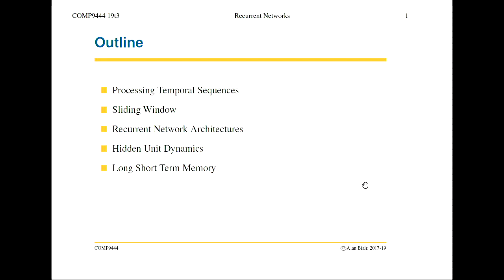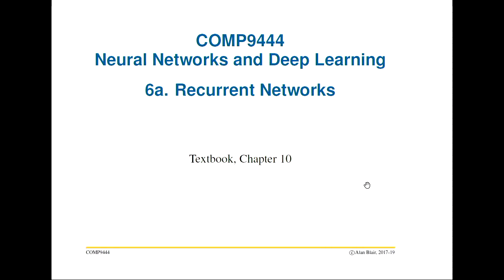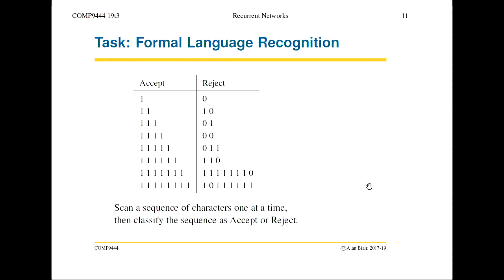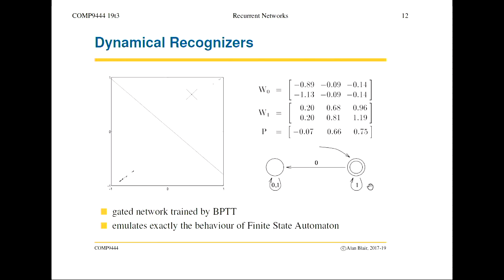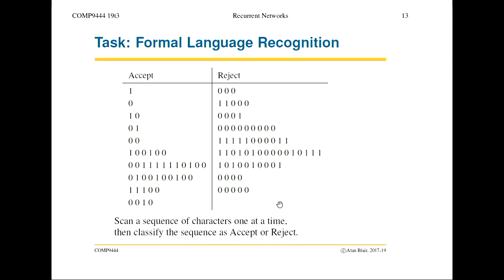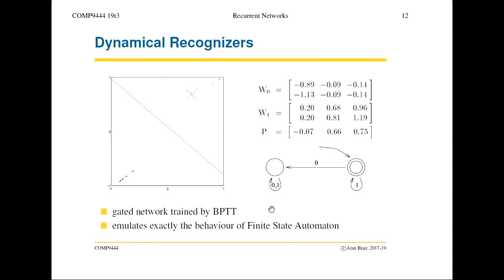So when you say you can remember indefinitely, well, it depends what kind of information. There's another example, not shown, where you accept strings that have an odd number of zeros.